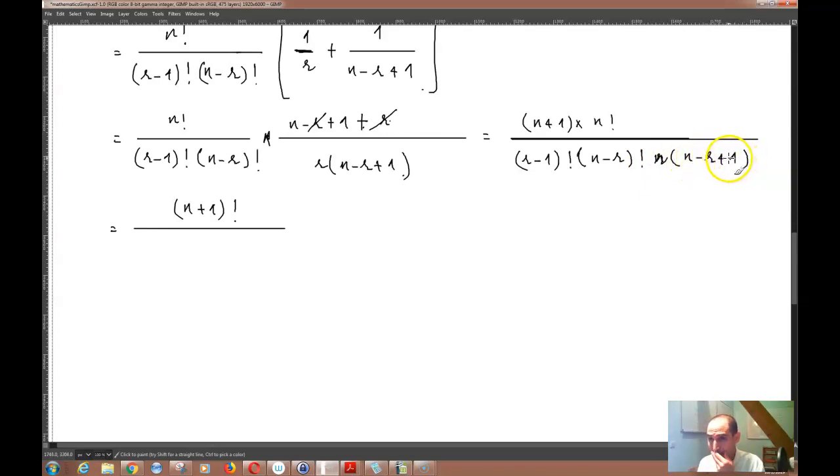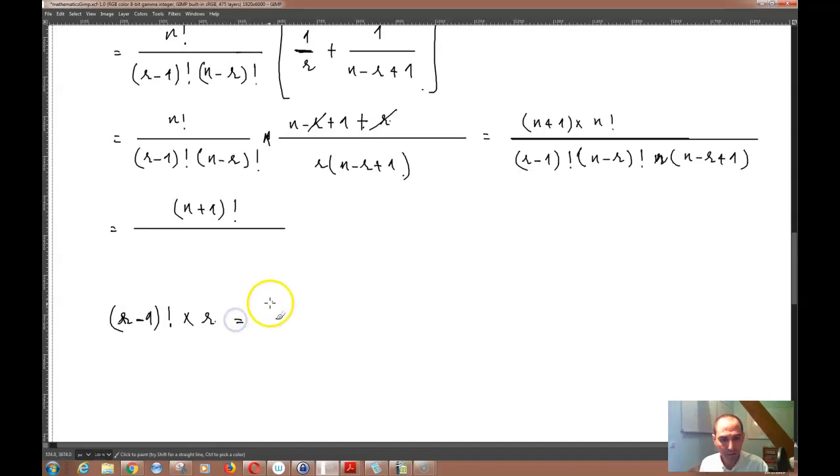Okay. So you see over here we have two things that we can put together. First of all, we have r minus 1 factorial times r.